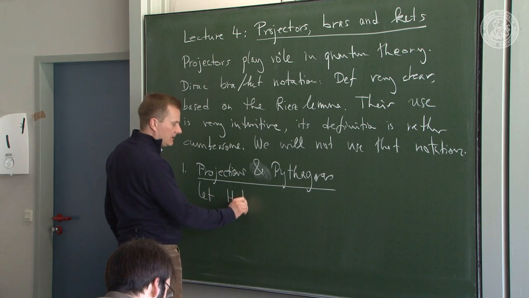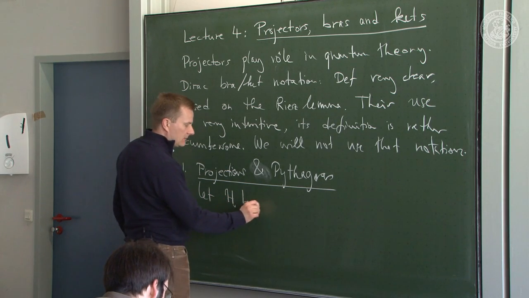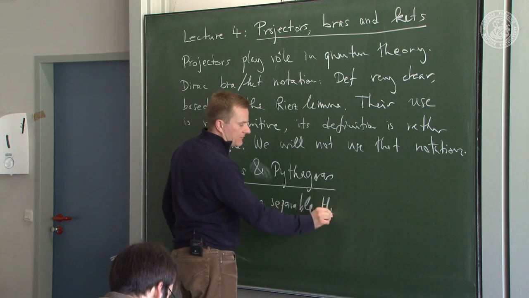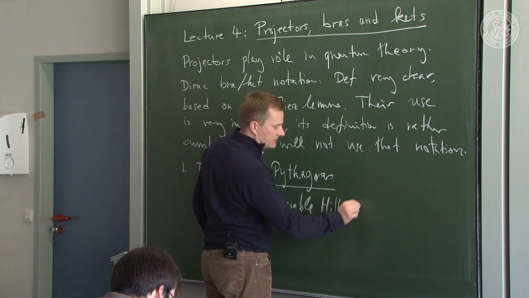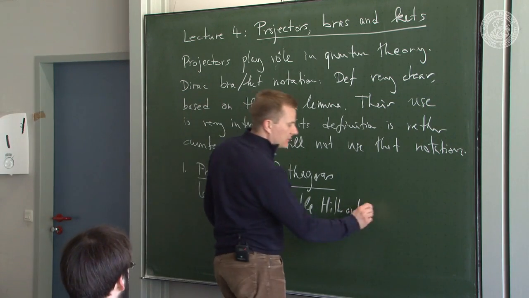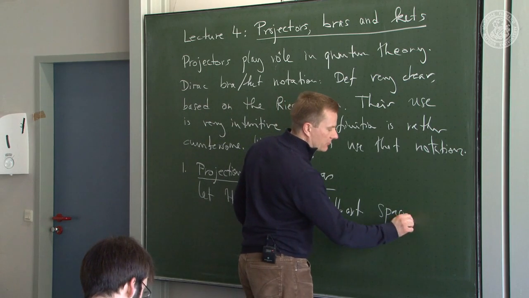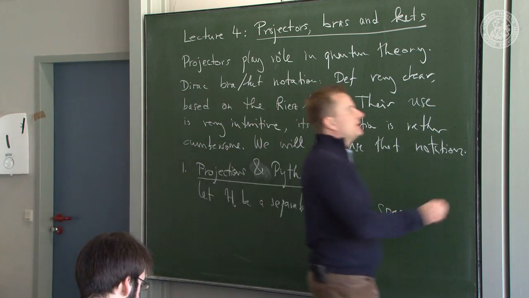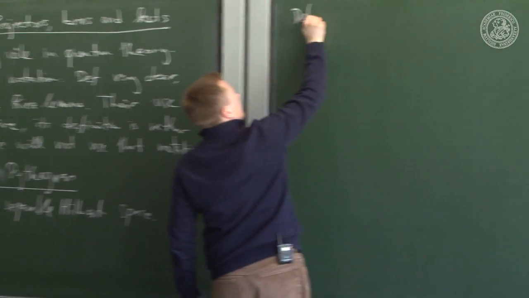So let H be a separable Hilbert space. Should I ever in the future fail to mention separable, I meant to say it. Let H be a separable Hilbert space with the appropriate structure on it. Then we have the following definition, very simple definition.